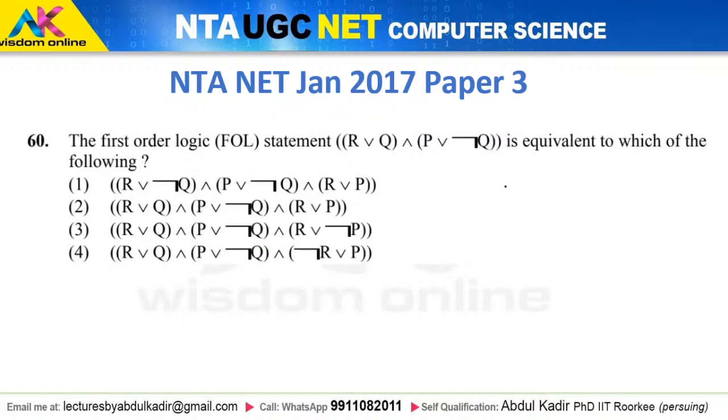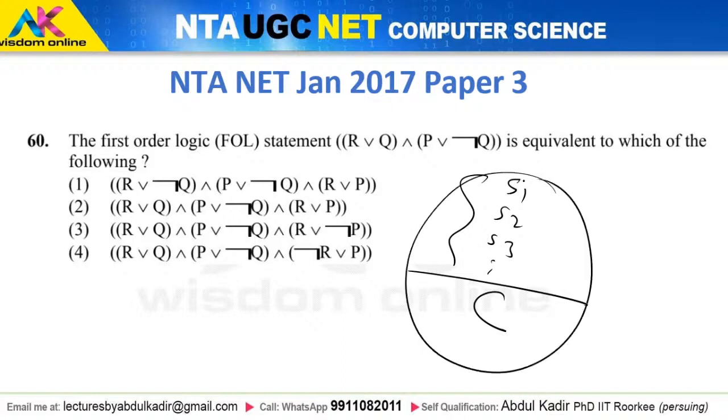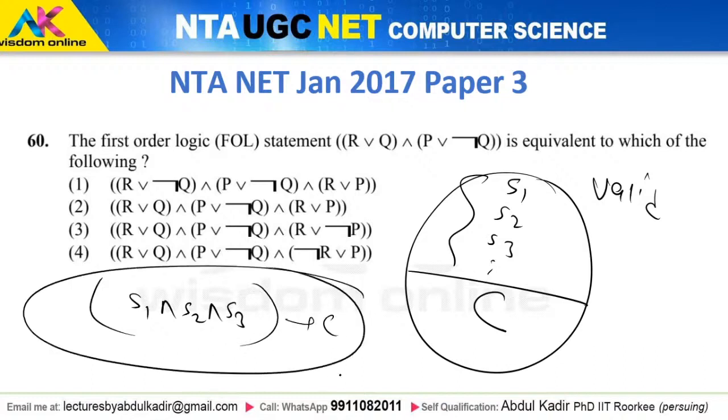In an argument we have some statements, S1, S2, S3, which we call hypotheses or premises, and we have a conclusion. I told you that this argument is valid if and only if S1 and S2 and S3, all these things together imply C. This thing must be a tautology.